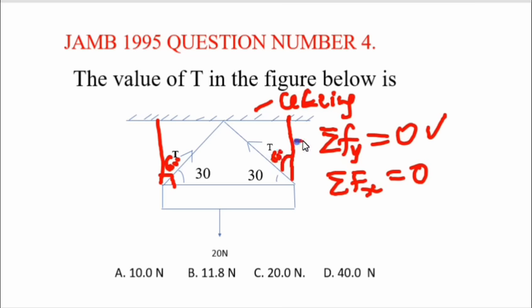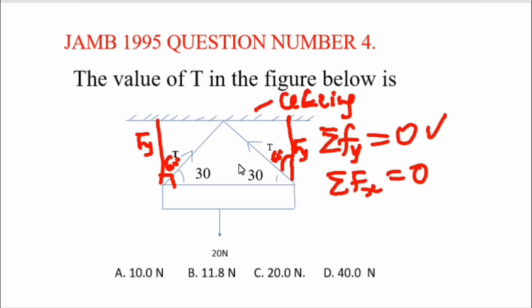So let us find this vertical force. I will call it Fy and call this Fy2, since it is the vertical force. And of course, you notice that since the tension is the same, and the angle the rope is inclined at is the same, 30 degrees, the vertical component of the force here should equal the vertical component of the force here.